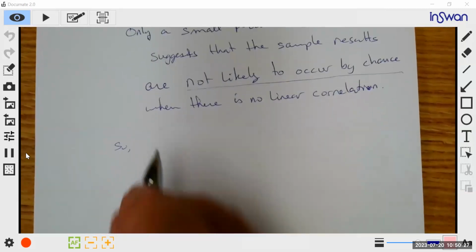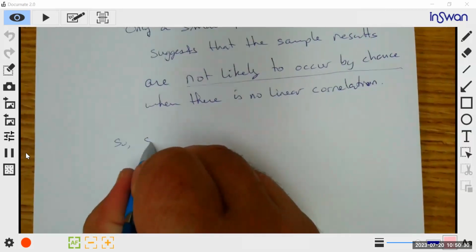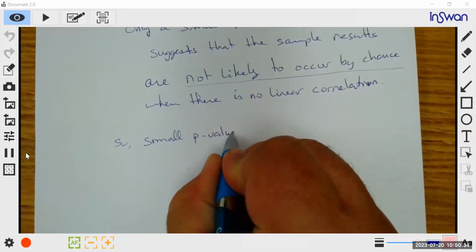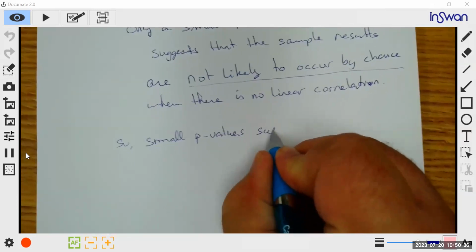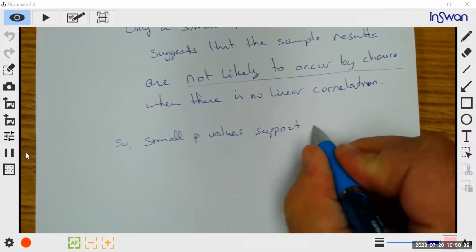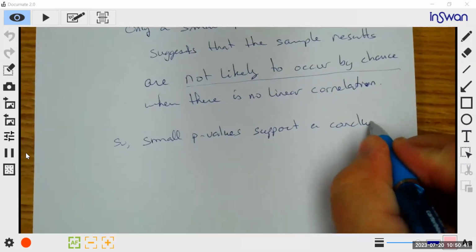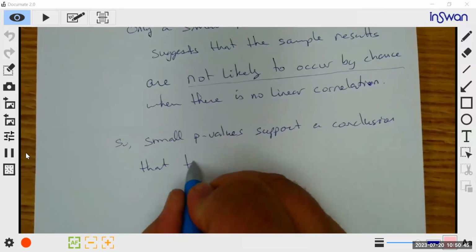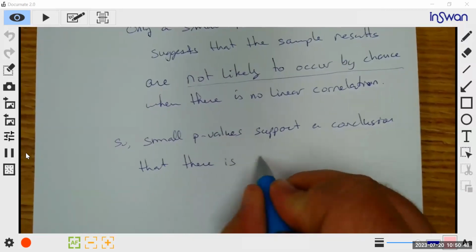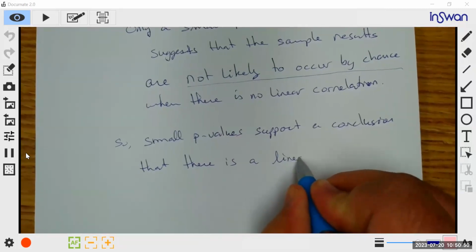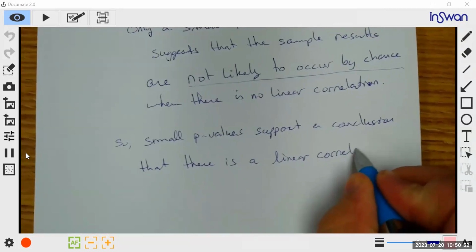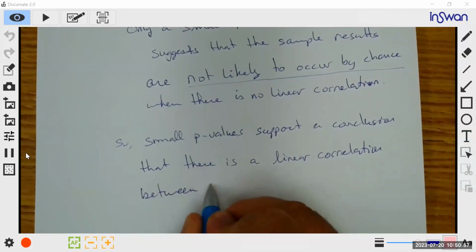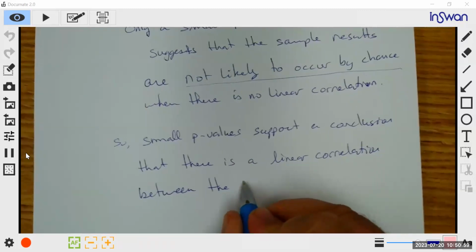So small p-values support a conclusion that there is a linear correlation between the two data sets.